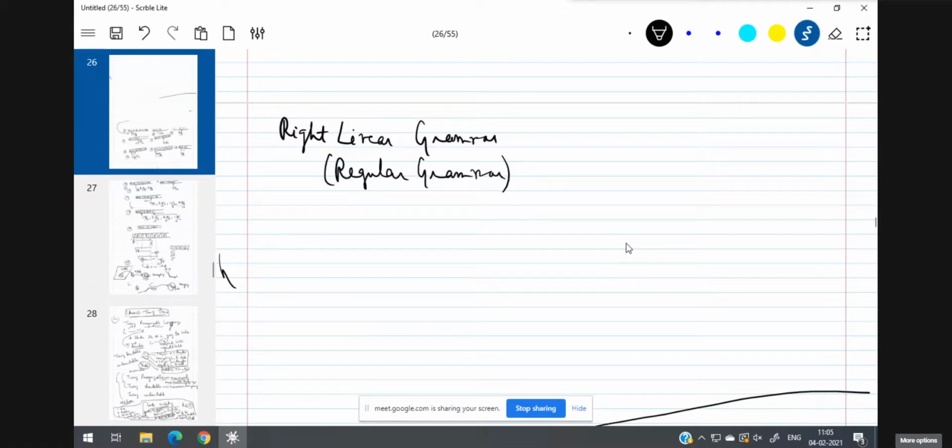From this, we are going to construct an NFA. This is going to be the given part, and our target will be the NFA.